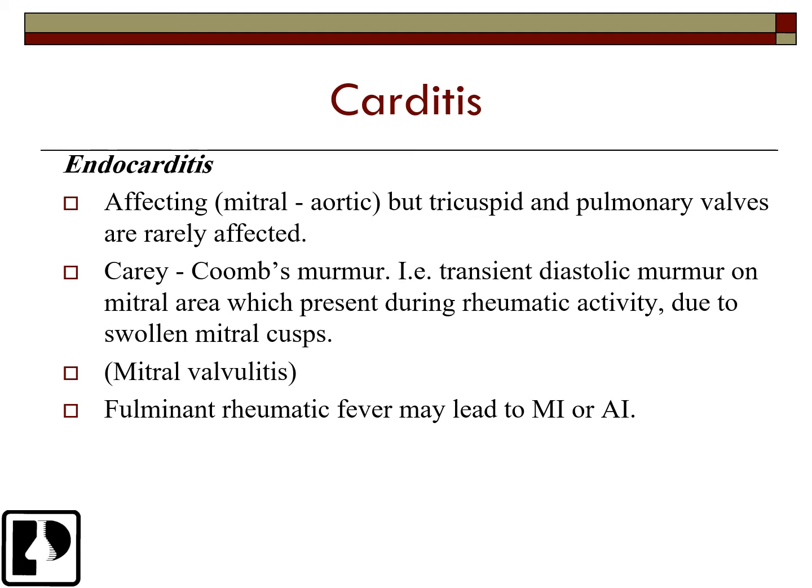The Carey Coombs murmur occurs in rheumatic fever due to edema of the valve. It is a transient diastolic murmur in the mitral area which is present during rheumatic activity due to the swollen mitral valve. It makes what's like mitral stenosis due to the swollen mitral cusp, making the sound called the Carey Coombs murmur.